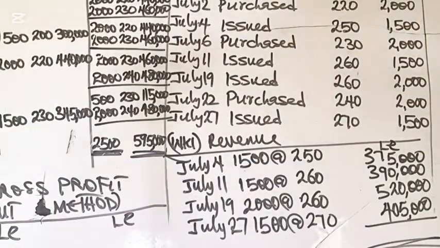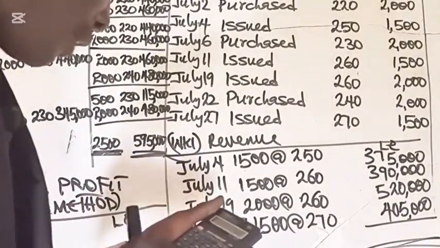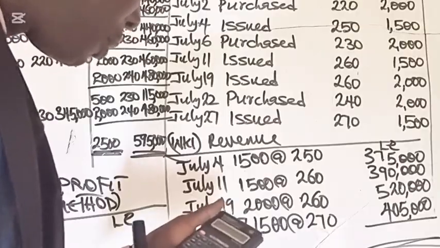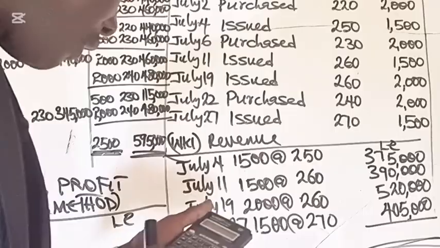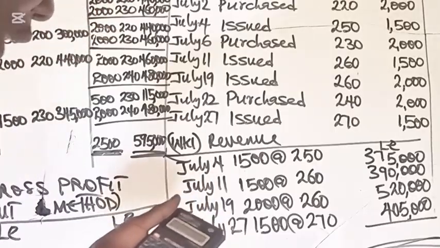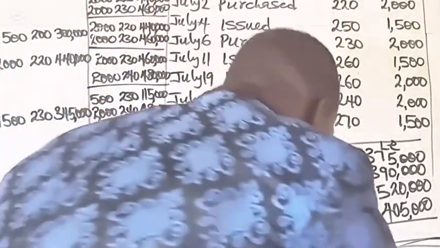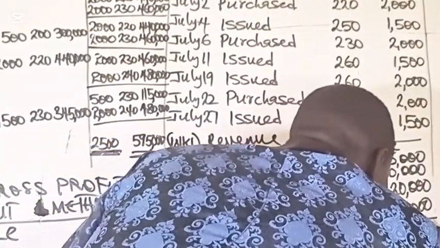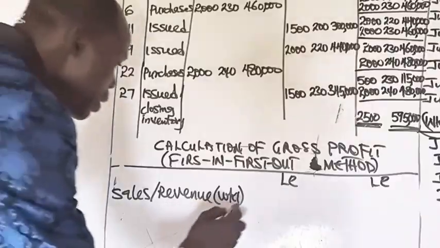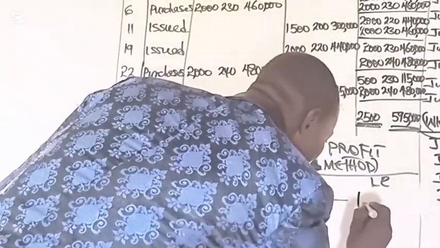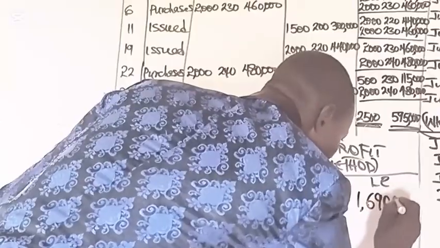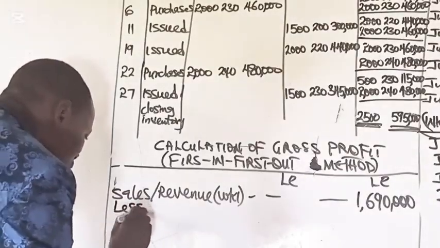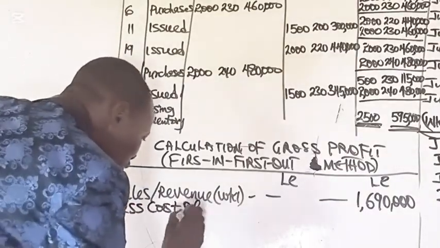These are the sales which were made in the period. If you now sum up 405,000 plus 520,000 plus 390,000 plus 375,000, the total revenue amounted to 1,690,000. From this revenue, you less cost of sales.